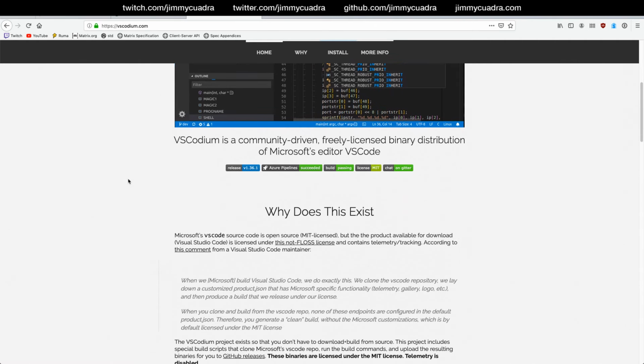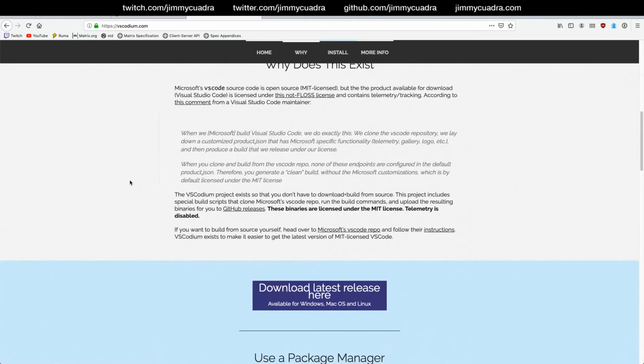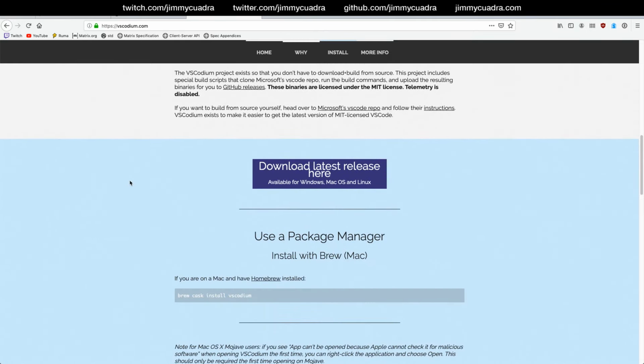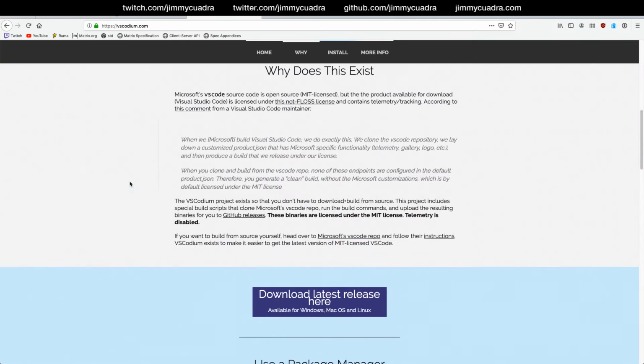Why does this exist? Microsoft's VS Code source code is open source, but the product available for download is licensed under not FLOSS, which contains telemetry and tracking. Oh, interesting. So if you want VS Code that is not built by Microsoft and containing whatever sort of privacy violation nonsense they always use, then you can use this. Interesting. Never heard of this.